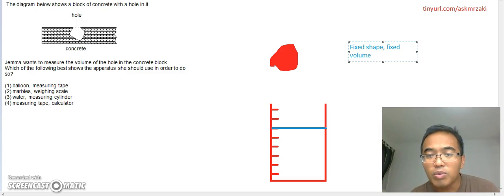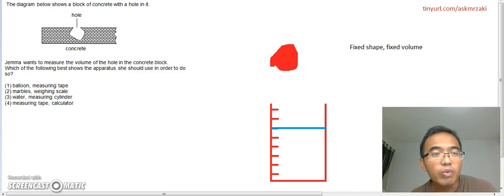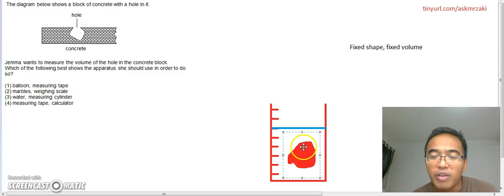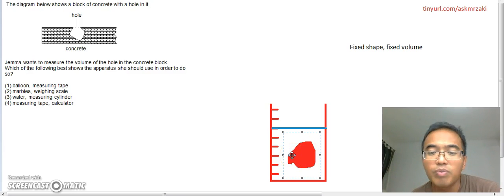Am I right? Because a solid has a fixed shape and a fixed volume, when we put the rock, or the stone or the pebble into a container of water, it will take up a certain amount of volume.